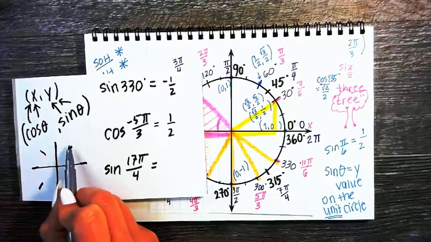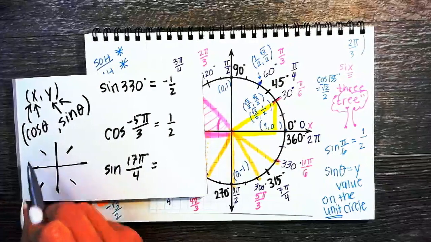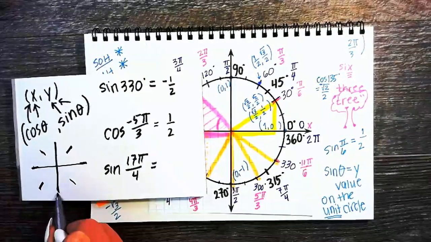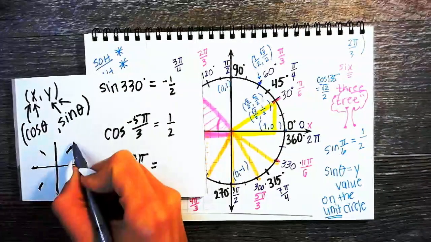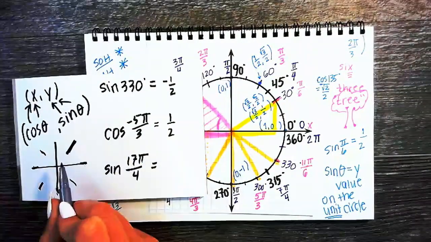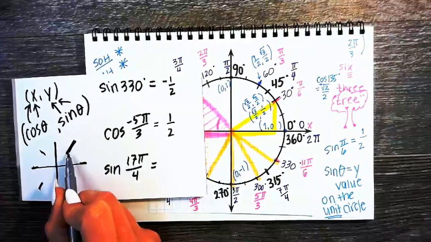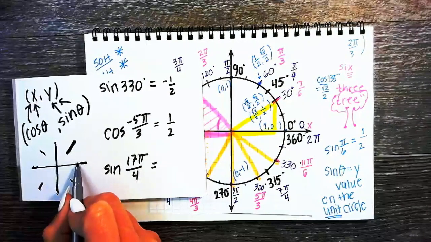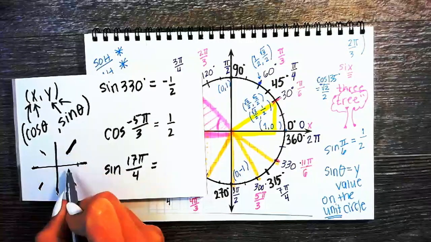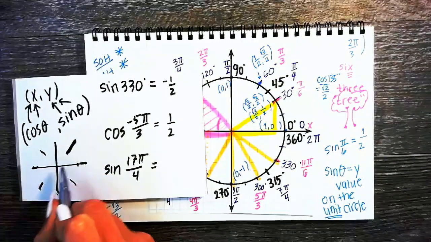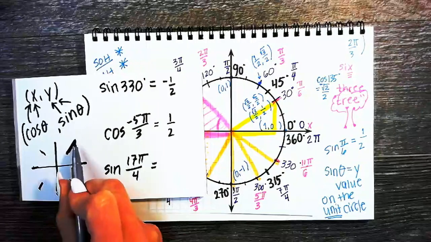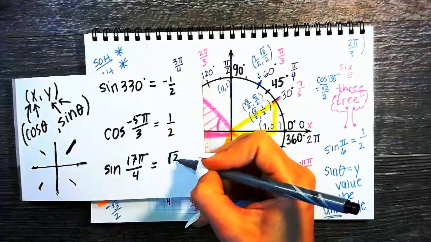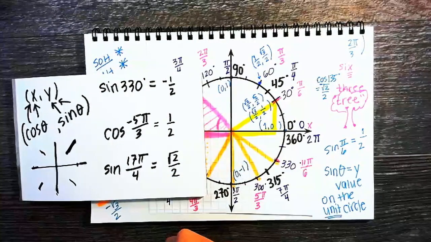Now continue. 9, 10, 11 pi over 4, 12, 13 pi over 4, 14, 15, 16, 17 pi over 4 is coterminal to this spot right here. I'm in quadrant 1, meaning I move over a positive amount, up a positive amount. The pi over 4s are my mediums, over medium, up medium. The sine is the y value. The answer is square root 2 over 2.